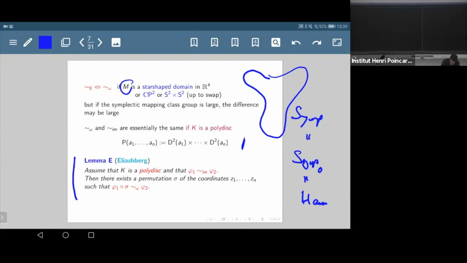So it means that if the domain is a polydisk, then any self-map can be isotoped to the identity, maybe after composing with a coordinate permutation Z1, Z2.